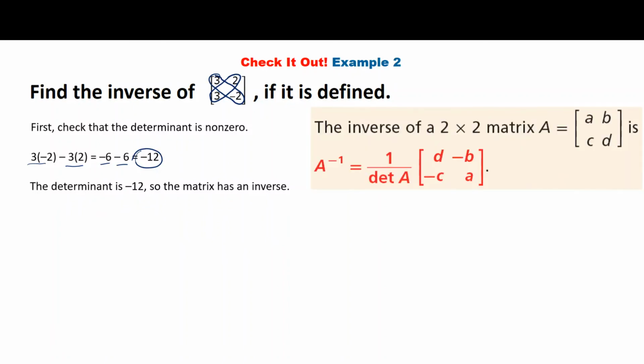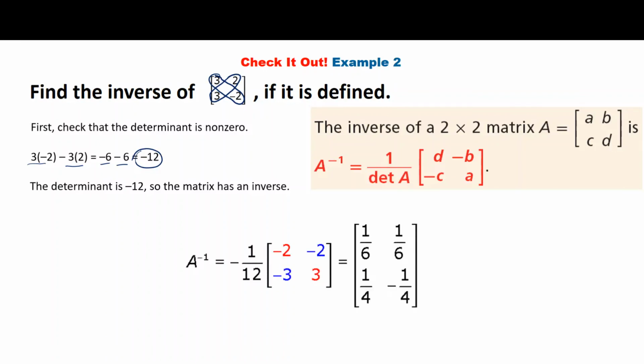All right, so how are we going to find the inverse? Well, we need to follow our formula again. The first thing we're going to do is take 1 over our determinant. So here it is, 1 over negative 12, or negative 1/12. And we're going to multiply it by our matrix, but we've got to change it up just a little bit. Our original matrix was 3, 2, 3, -2.